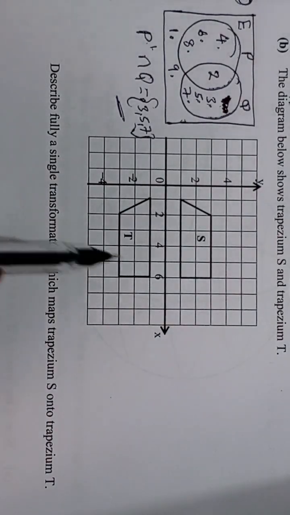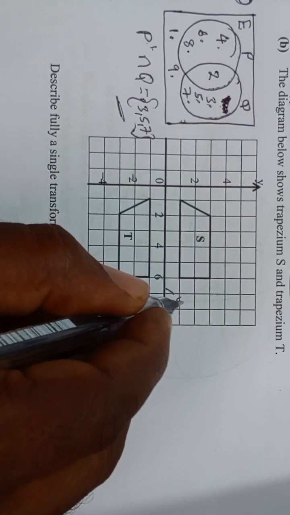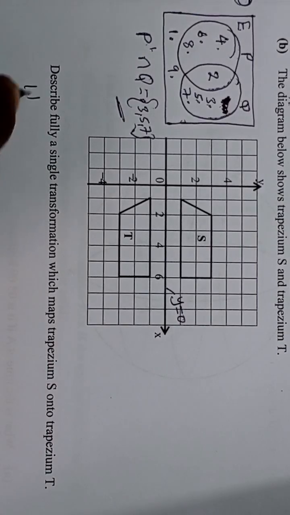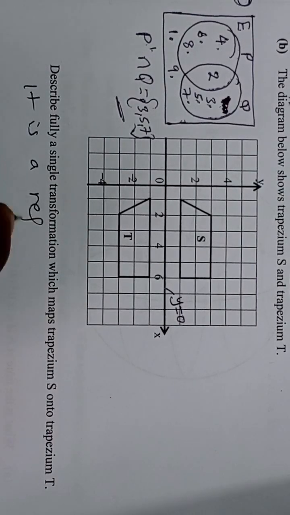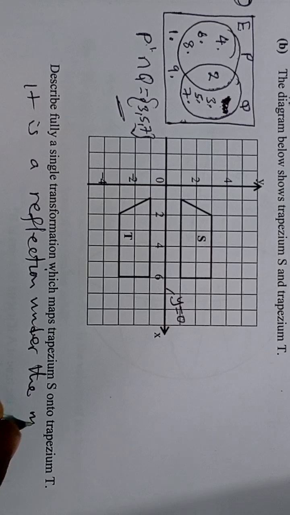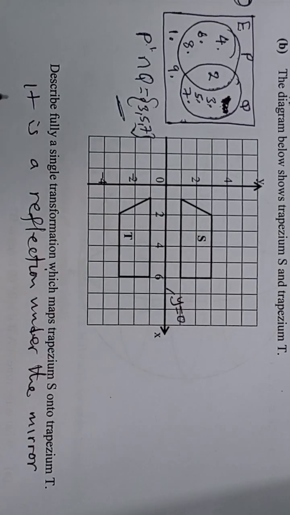So this is a reflection in the mirror line, the x-axis, which is y is equal to 0. So the transformation that maps trapezium S onto trapezium T is a reflection under the mirror line y is equal to 0.